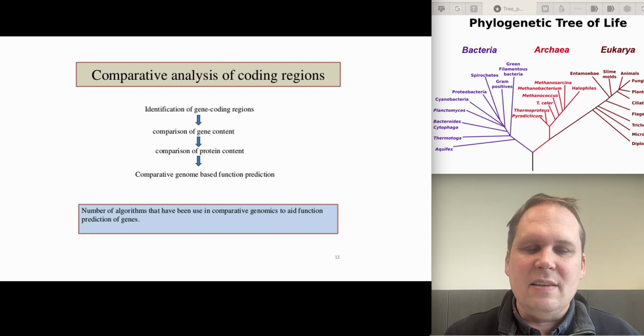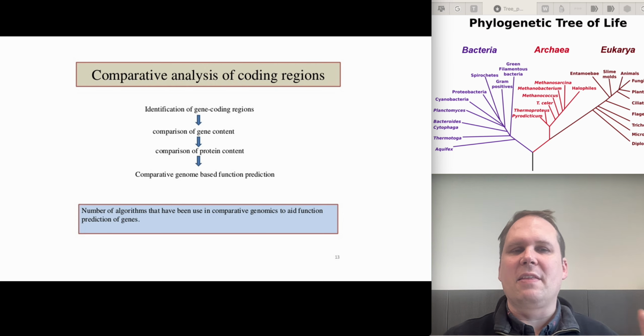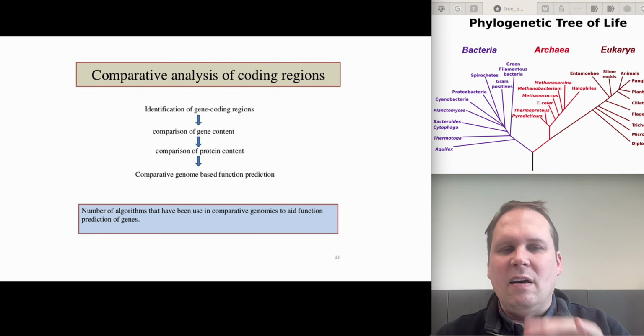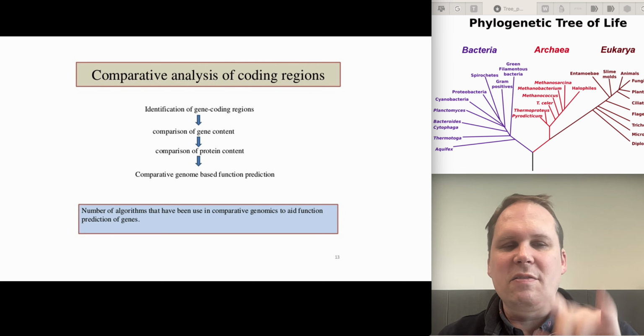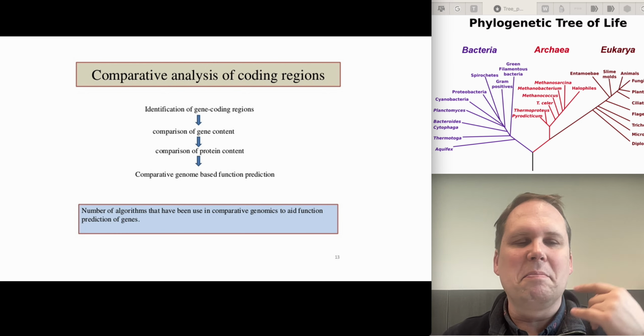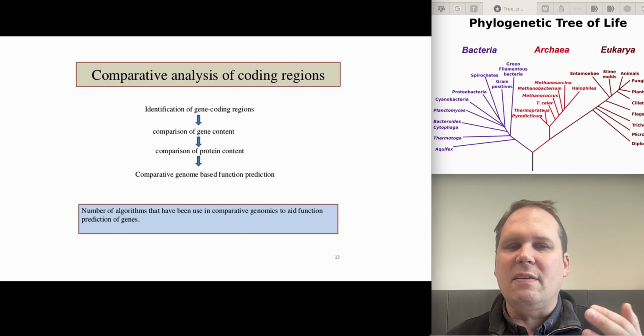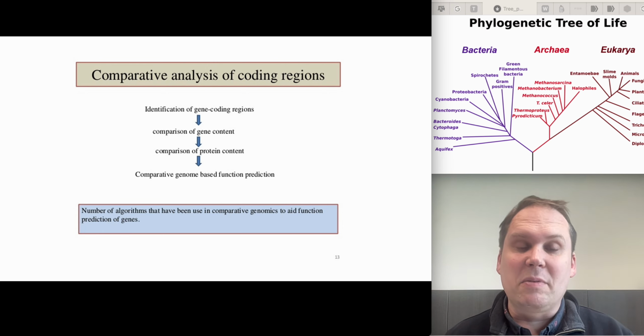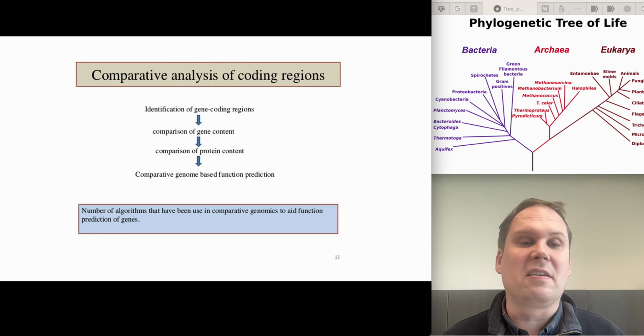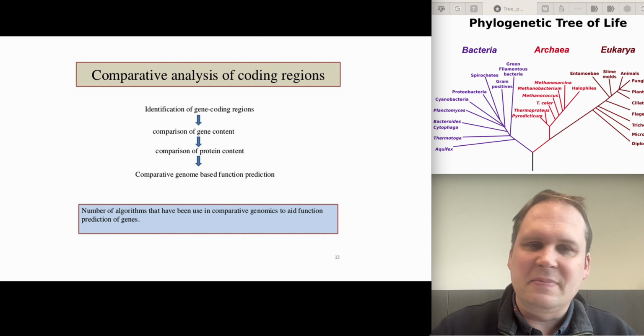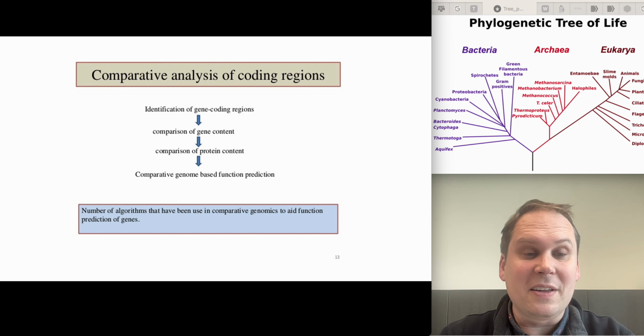And then you could also come at it from the other side. You can say, well, all the cells that have this particular gene are able to digest methylcellulose, and all the cells that do not have this are not able to digest it. Therefore, it's a methylcellulase, something like that, if such a thing even exists, which I do not know.